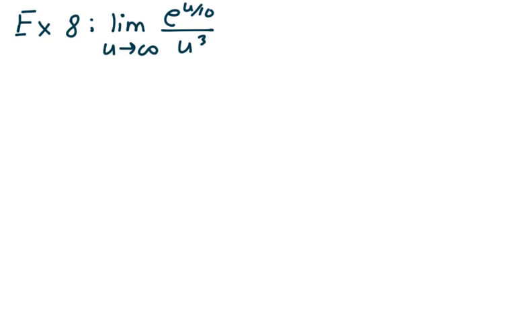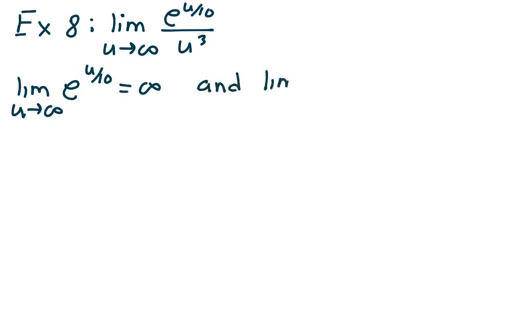Now, I want you to notice the limit as u goes to infinity of e to the u over 10 is infinity, and the limit as u goes to infinity of u cubed is infinity.